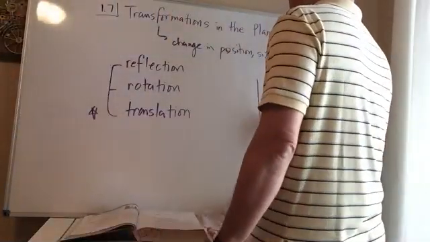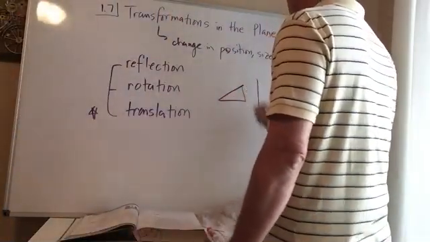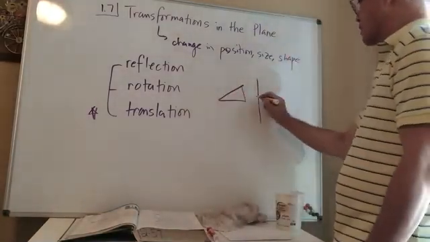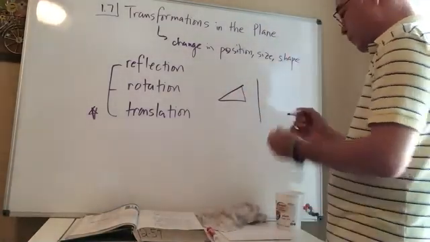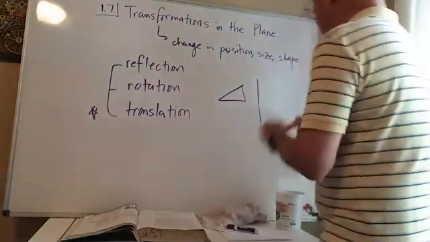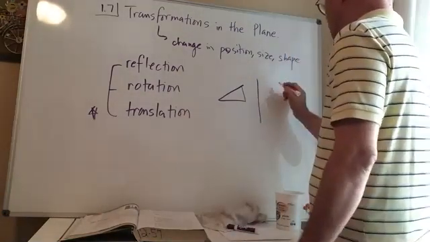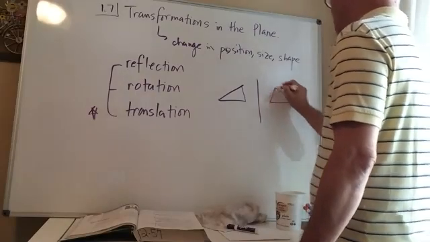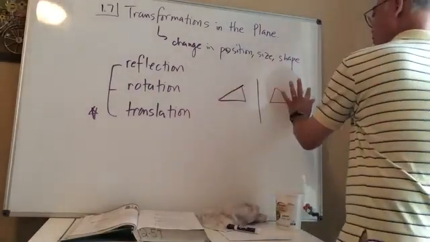So in other words, if I had a triangle look like this and I'm going to reflect this across this, okay, the new shape is going to look like this, because I took this and I reflected over this way.